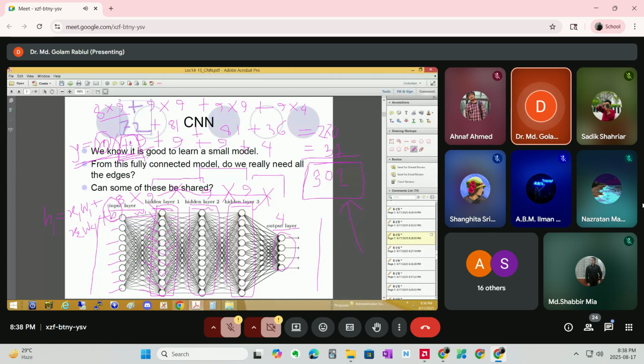Now this is the case for our deep neural network architecture. The question is whether we need all the connections or not. There are too many parameters, too many connections.